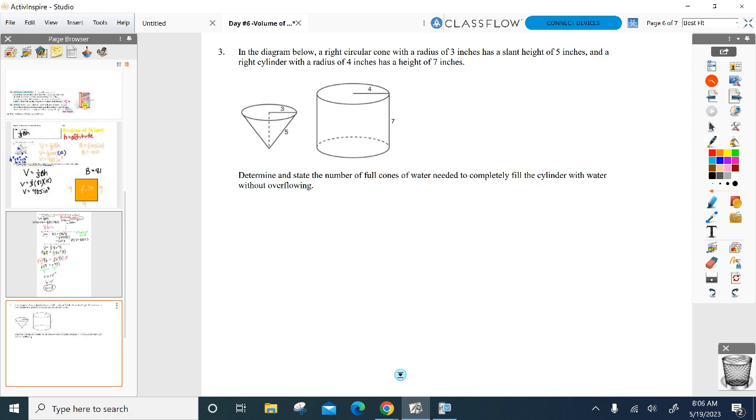I'm filling inside, right? I'm filling the inside of it with water, so I know it's a volume. So we're going to have to compare the two volumes and do something with them. So again, everyone understand, I'm going to fill the cone up with water, dump it in the cylinder. How many cones is it going to take to fill it up without overflowing? All good? All right, so go ahead right now. We'll do the cone first, and then we'll do the cylinder from yesterday.